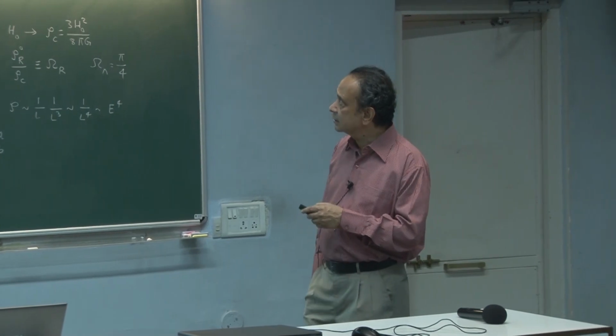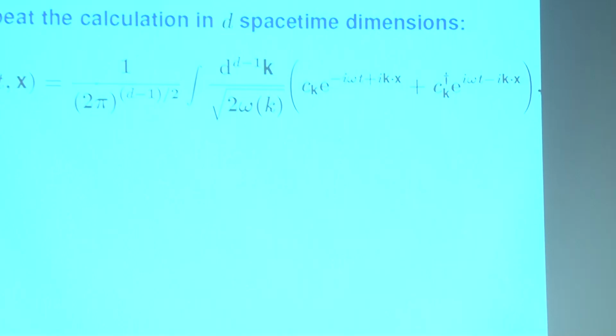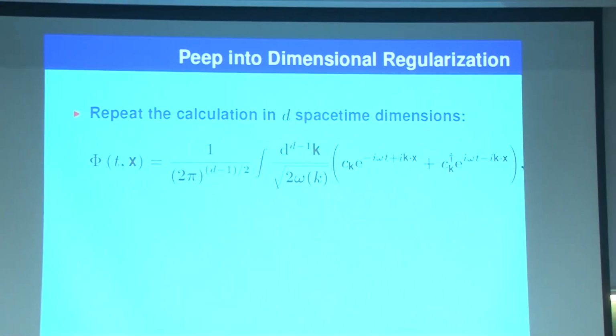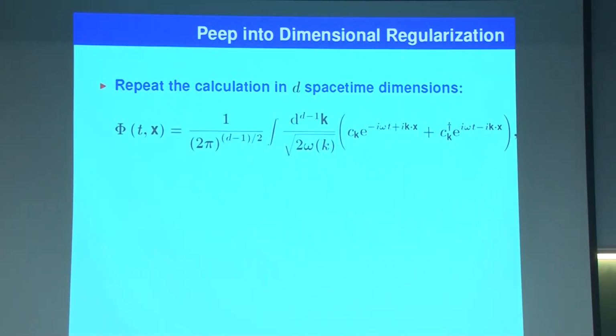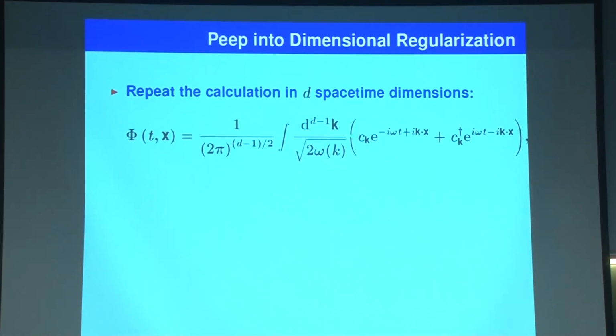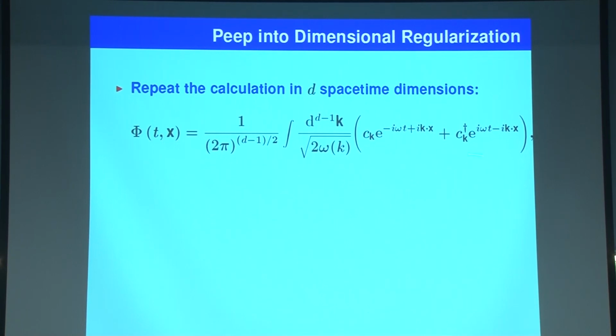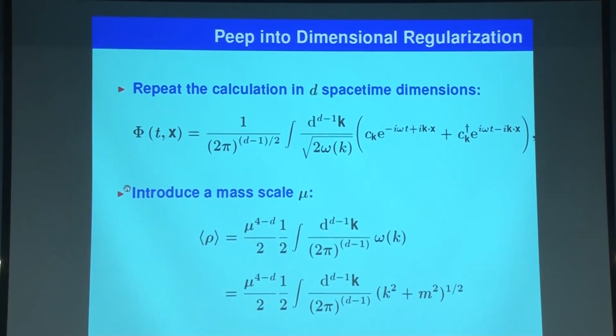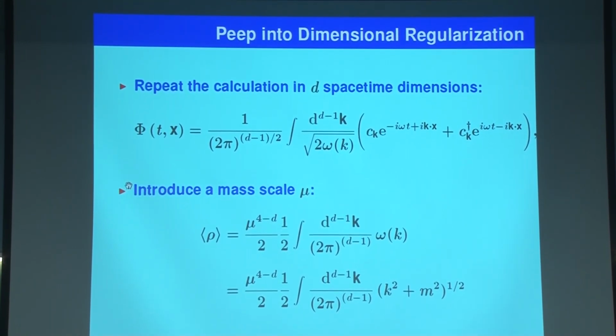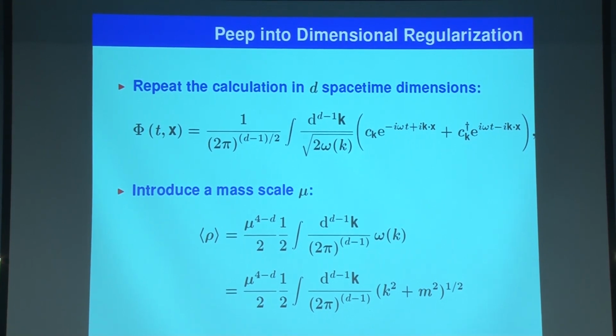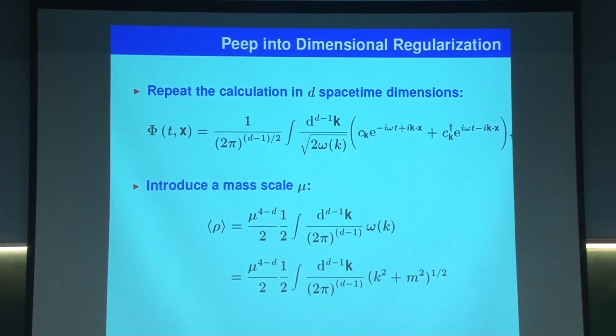So, you start with exactly the same kind of expression. So, there is a (2π)^((d-1)/2), and there is a d^(d-1)k, bad notation, but I am picking it up from Jerome. Okay, so this is d^(d-1)k, and then you have the creation and annihilation operators. So, you want to keep the dimensions also correct. So, it is nice to introduce a mass scale.